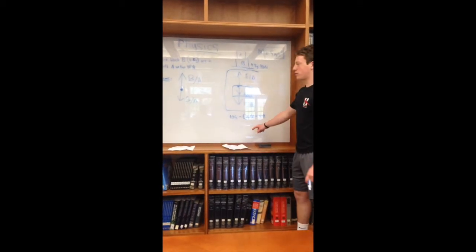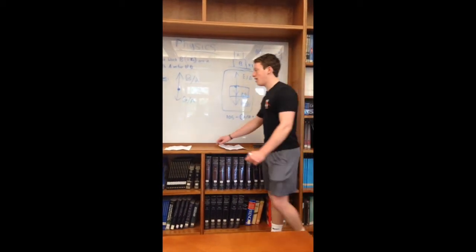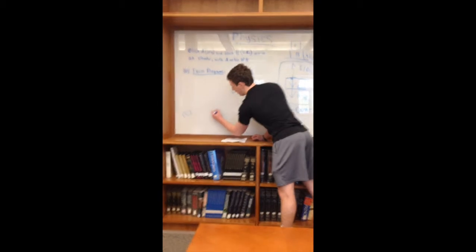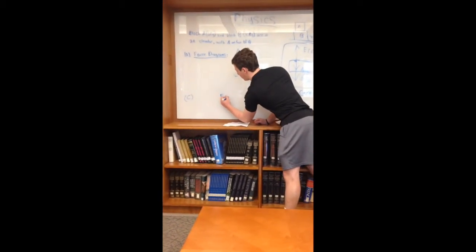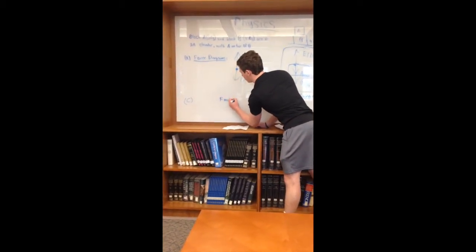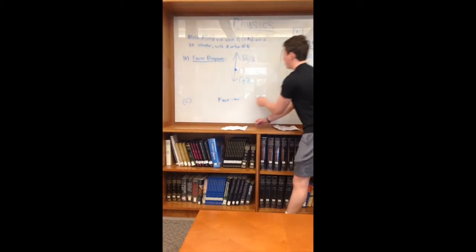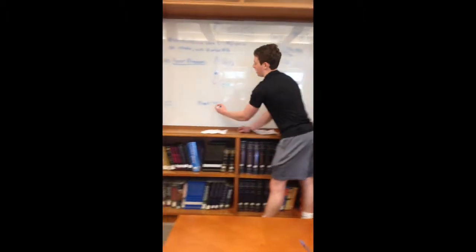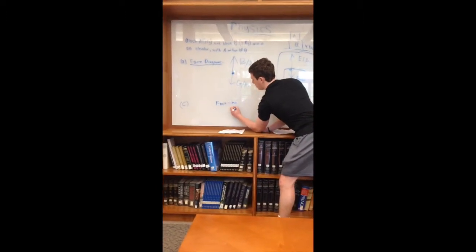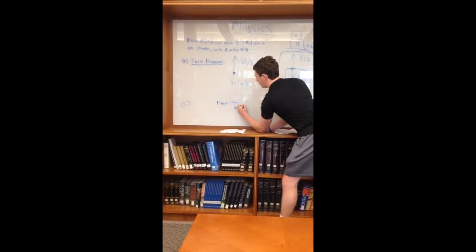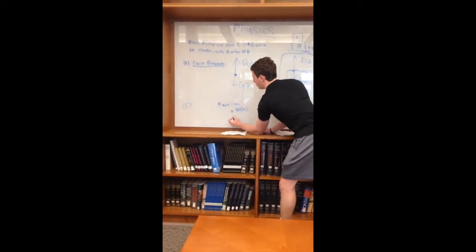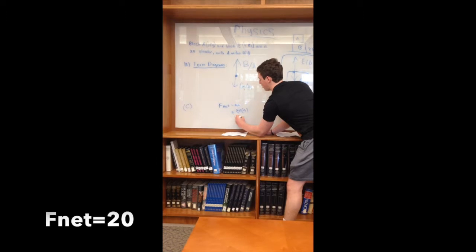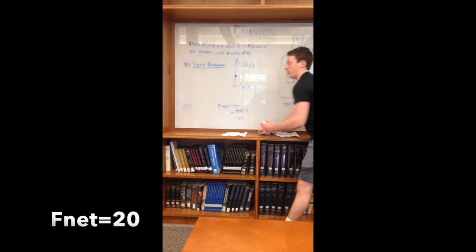Before we find the force of A on B, we need to find the net force of block B, which is going to be F net equals ma. The mass of block B is 4, and the acceleration is 5. Therefore, our F net is 20.